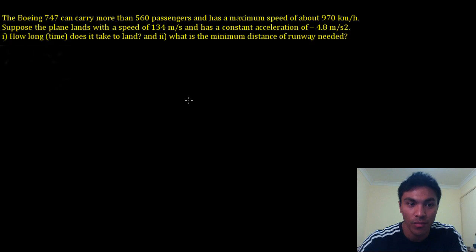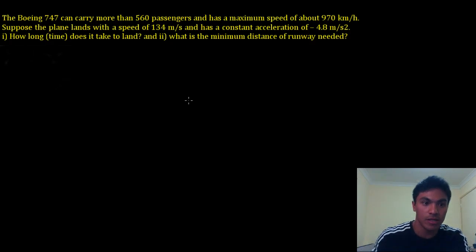So first things first, like we always do, let's find my red pen. Let's define the direction. So let's define the positive direction as the direction of the landing plane. So the direction that the plane is landing.